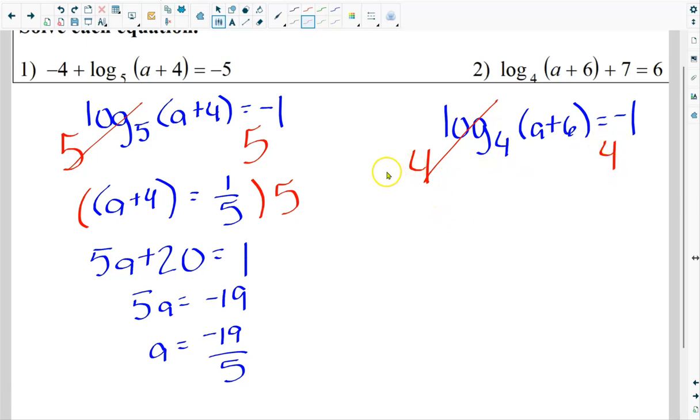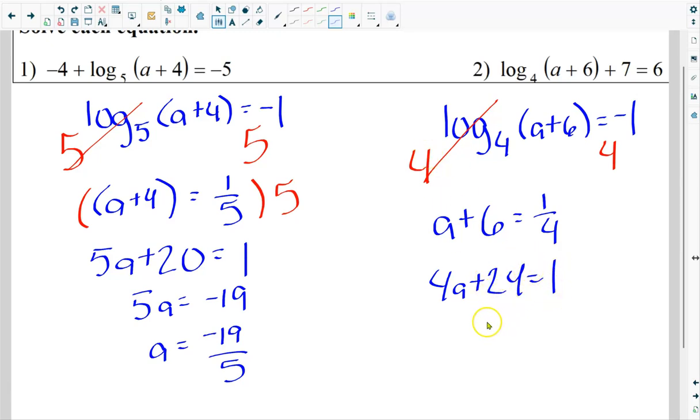And we're going to have 8 plus 6 equals 1/4. Same thing, I'm going to multiply by 4 to both sides, so I get 4a plus 24 equals 1. We're going to subtract 24 and divide by 4.